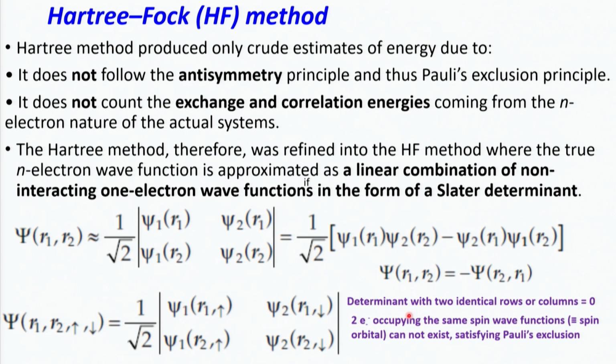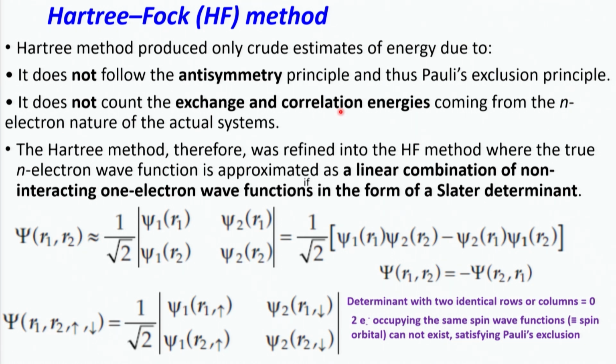The Hartree method produces only a crude estimation of the energy because it does not follow the antisymmetry principle and thus Pauli's exclusion principle, and it does not count the exchange and correlation energy coming from the n electron nature of the actual system.